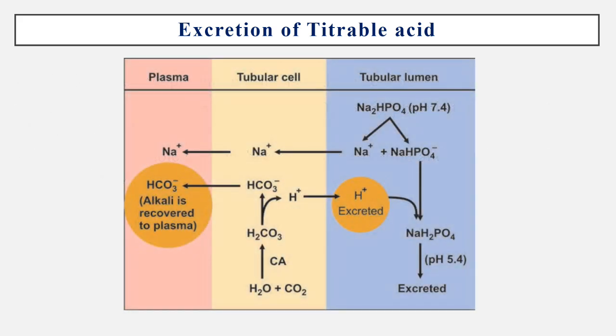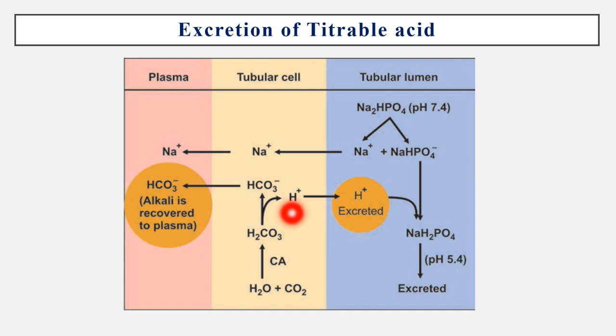You can see here in the tubular lumen, disodium hydrogen phosphate dissociates to form sodium and sodium hydrogen phosphate. And here in the tubular cells, water combines with carbon dioxide to form carbonic acid.